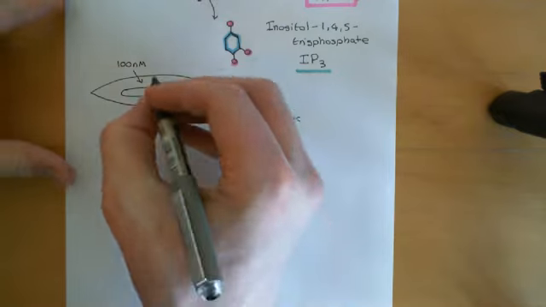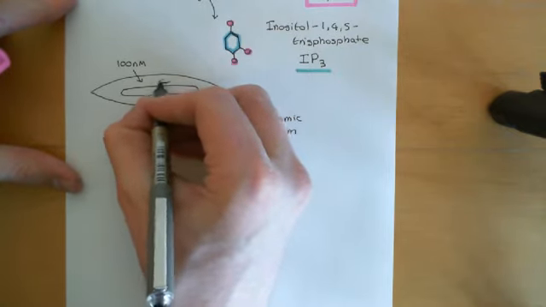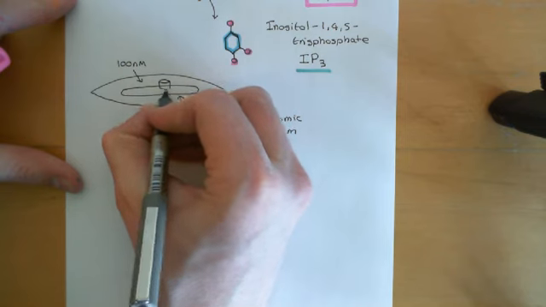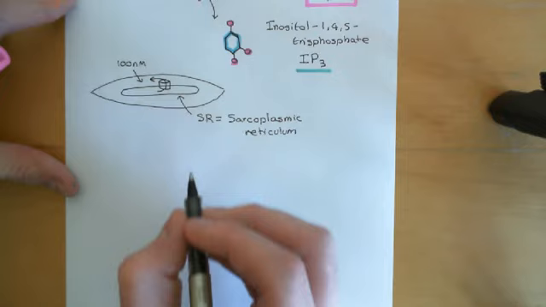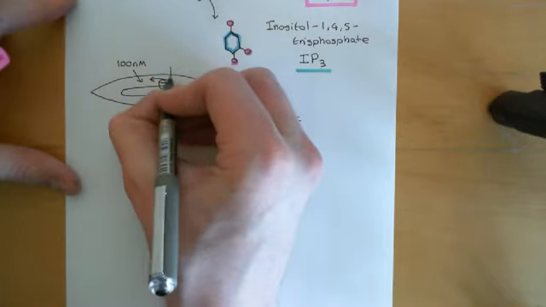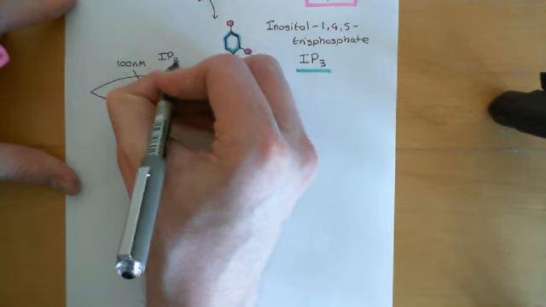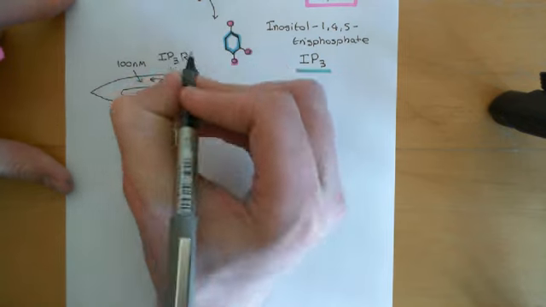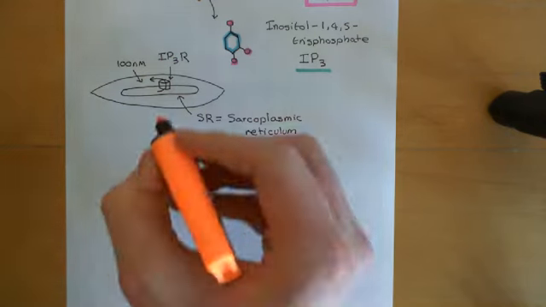Now, there are special channels which can allow calcium to leave the lumen and return back into the cytoplasm. One of these channels is what's known as an IP3 receptor, which I'll abbreviate to the IP3R, and this is activated to open by IP3.